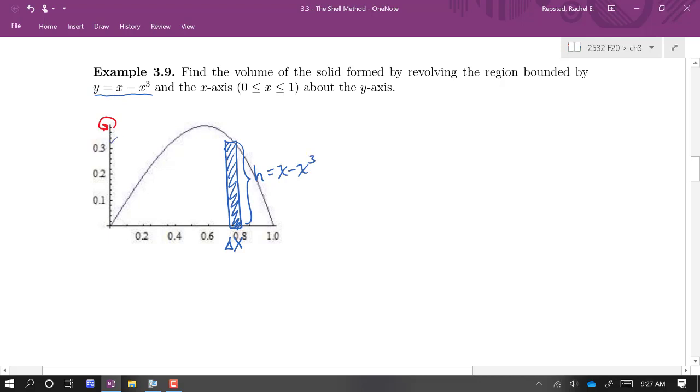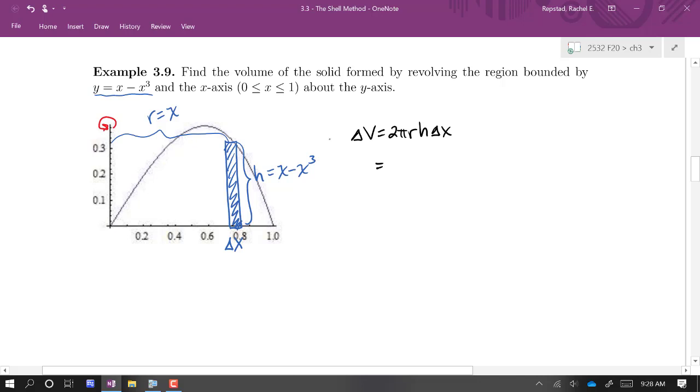And the radius, right minus left, is x minus 0, or x. So this vertical rectangle, when revolved about that axis of revolution, will result in a shell. And the sample shell has a volume of 2 pi r h times thickness, and in this case that thickness is a delta x thickness.